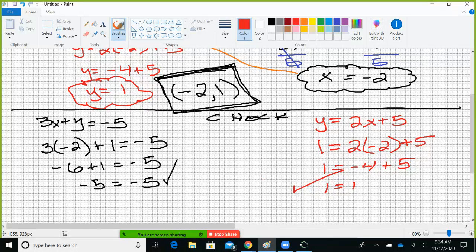So we have a correct answer. Perfect. I'm going to do one more. Once you get this written down, let me know. And then the last one will be Cody's.